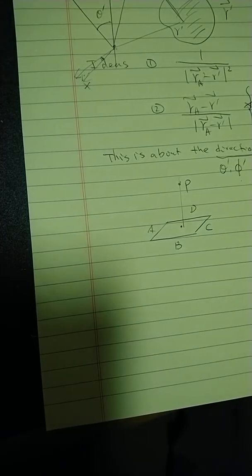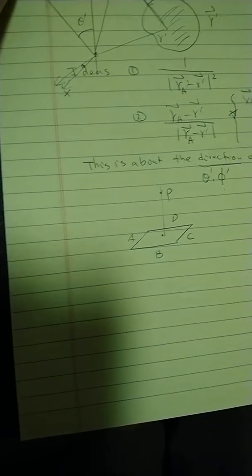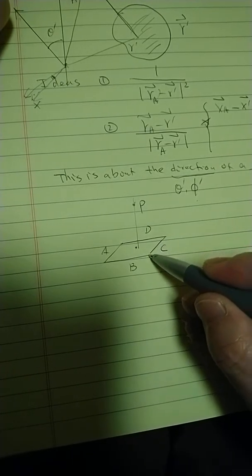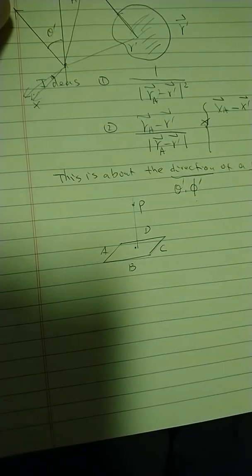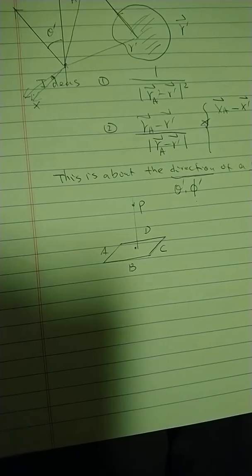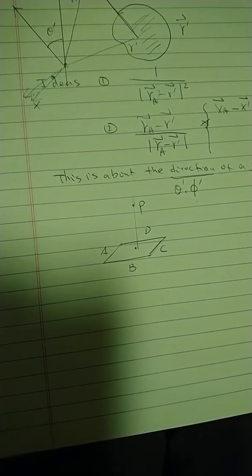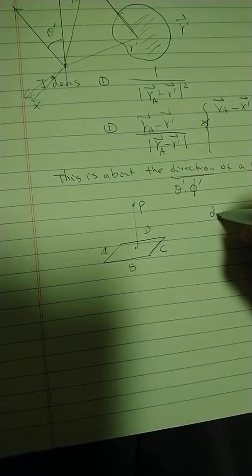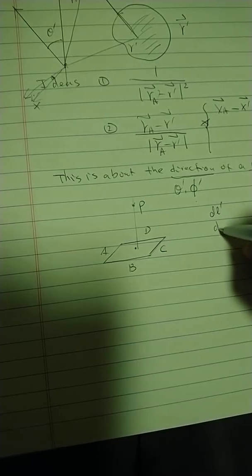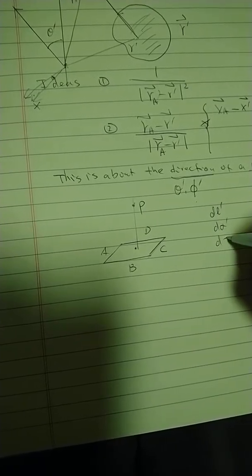The way we do the calculation is exactly the same. Suppose we are interested in just side C here. Then we are going to choose the line element. Remember, the integral itself has these line elements involved: dl, dl prime, and d sigma prime, d tau prime.